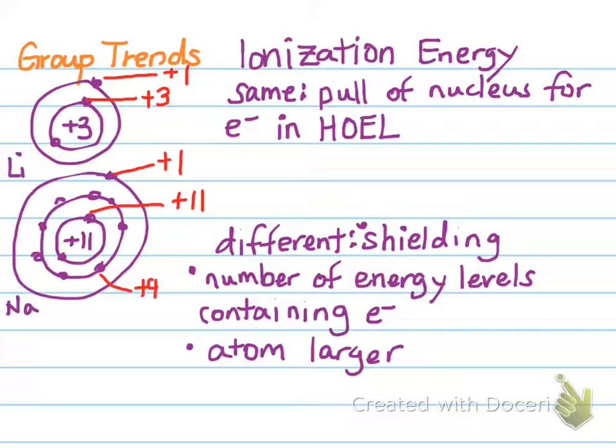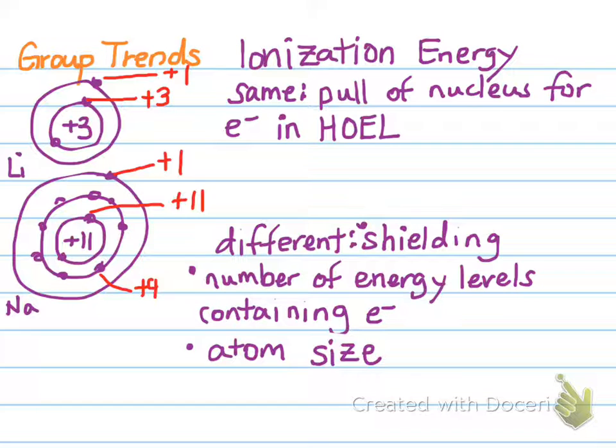What's different is the shielding, okay? The number of electrons between the nucleus and that highest occupied energy level. The number of energy levels containing electrons is different. As we move down a group, we're adding more. And our atom is getting larger, right? So we could even say, maybe better than saying our atom is larger, a difference is the atom size.